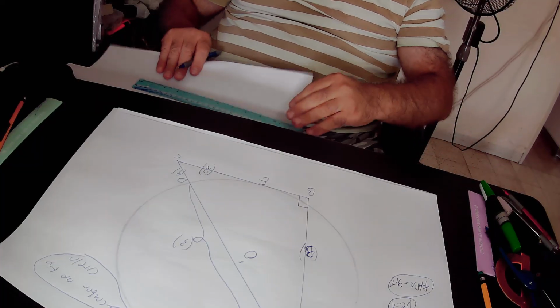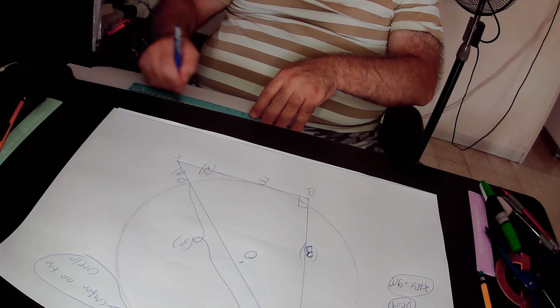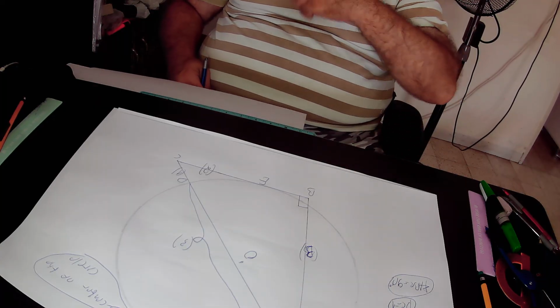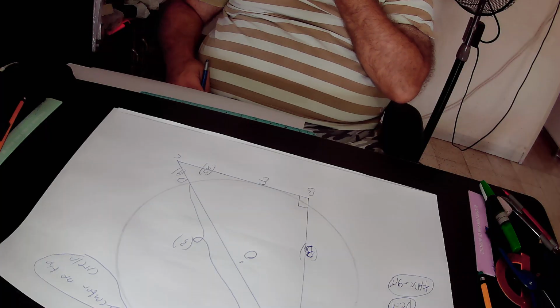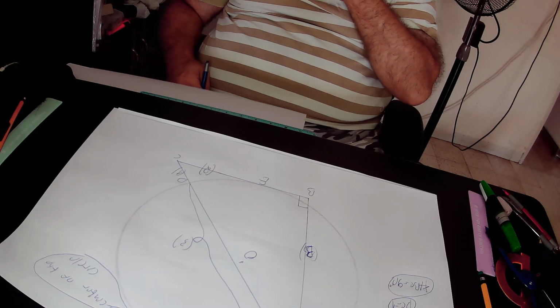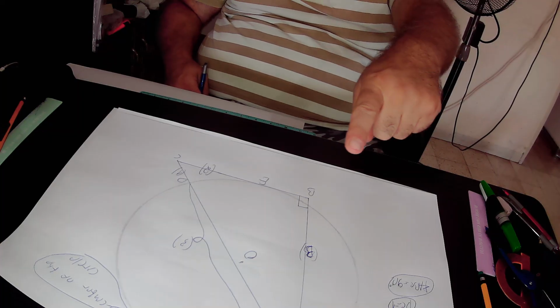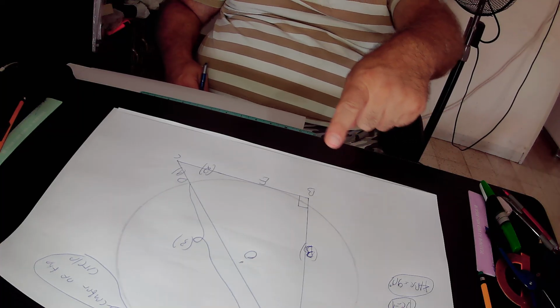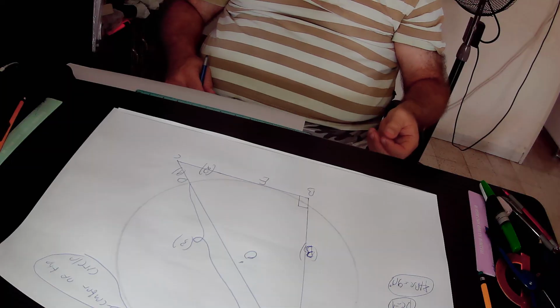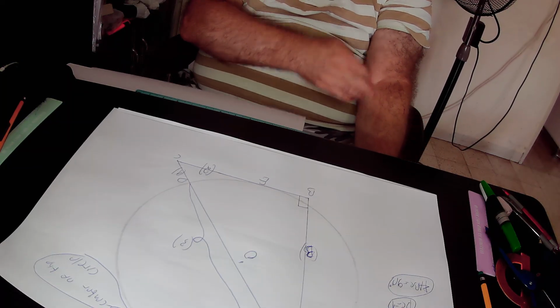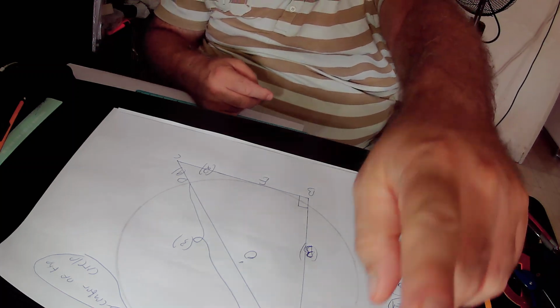In the next step, we will implement the Pythagoras theorem on the right triangle, triangle ABC. So I copy triangle ABC, and then we will implement on it the Pythagoras theorem. According to the Pythagoras theorem, in any right triangle, the square of the hypotenuse equals to the sum of the squares of the perpendiculars.